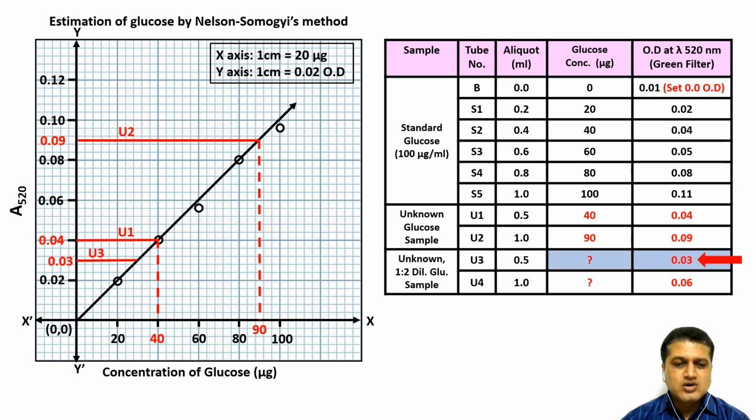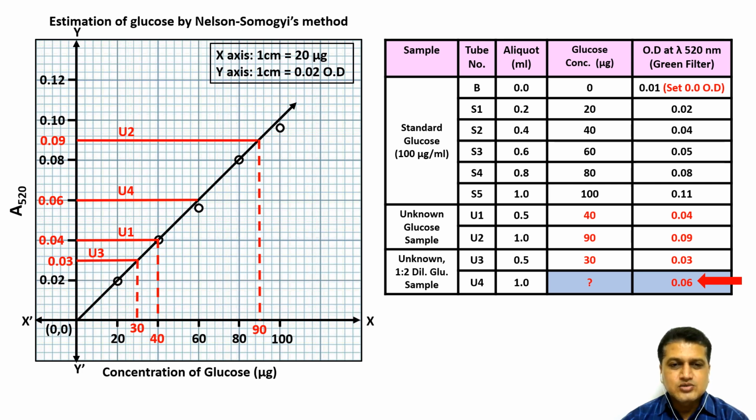Next, the OD of U3 is 0.03. Connect it to the plotted straight line of standard, and that corresponds to 30 micrograms on x-axis. Thus, the concentration of U3 is 30 micrograms. At last, the OD of U4 is 0.06.